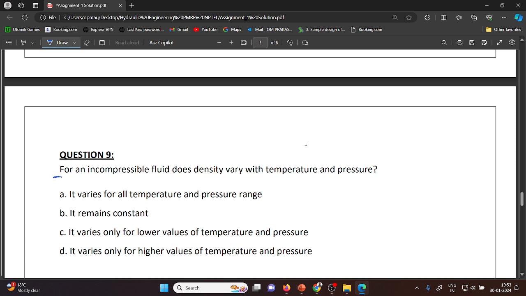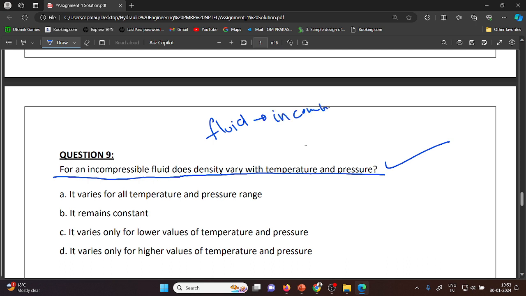For an incompressible fluid, does density vary with temperature and pressure? This is the question. For an incompressible fluid, the condition is given. It's known as water, sir, but it is incompressible. What are you telling, water? Water is H2O.